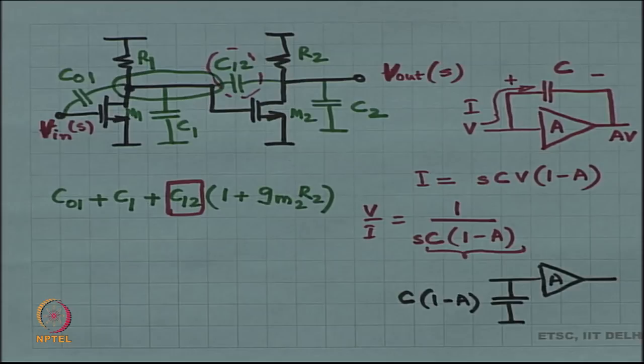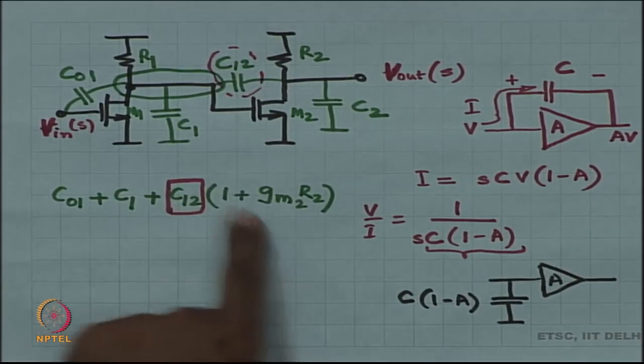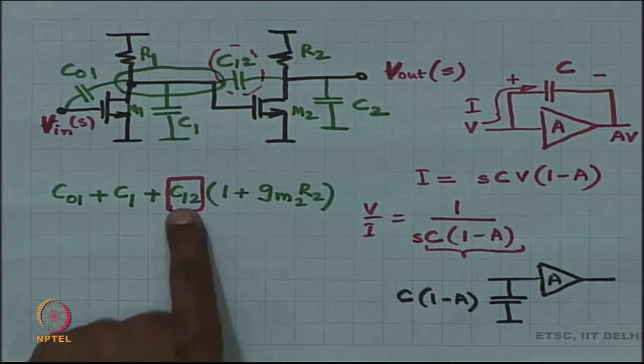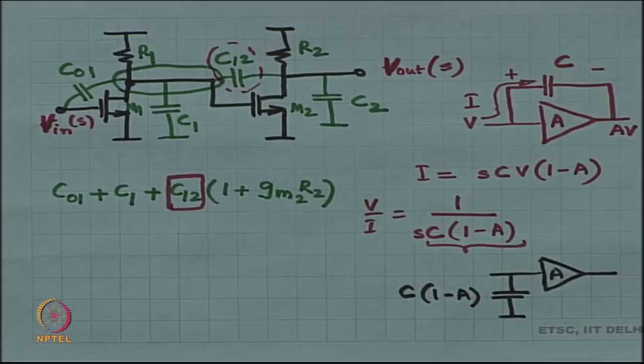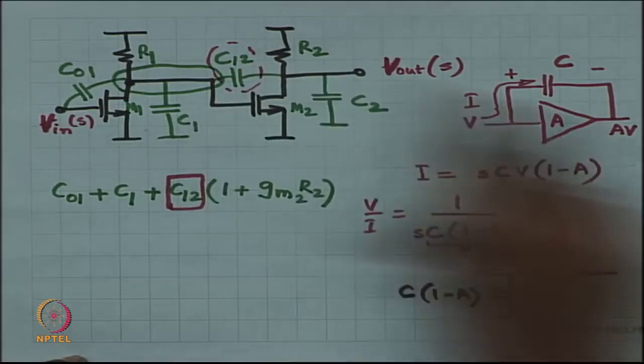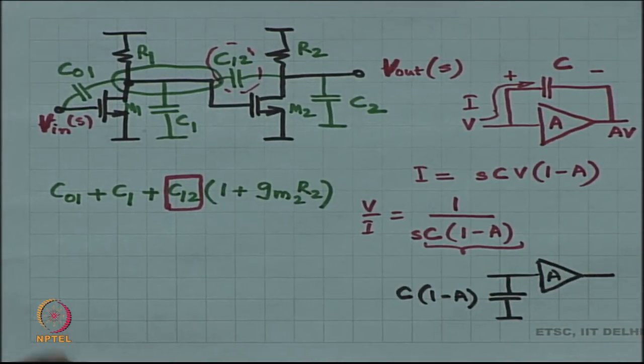Okay. But even though it is complicated, it is coming with an amplification, right. C12 is being amplified by the second stage, which means that at the end of the day, when I have to make one pole much larger than the other, then my choice should be C12. Fine.